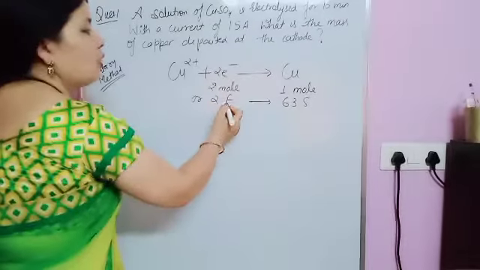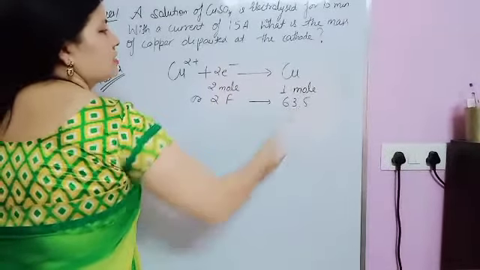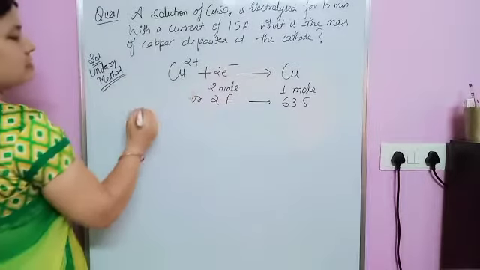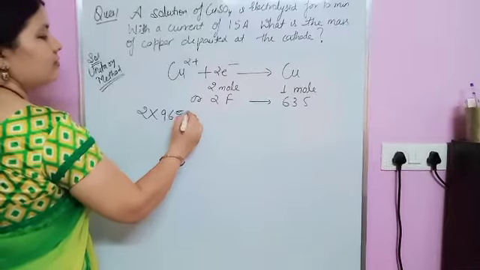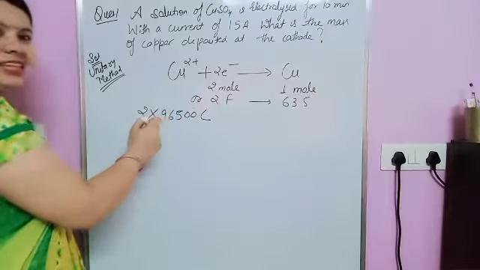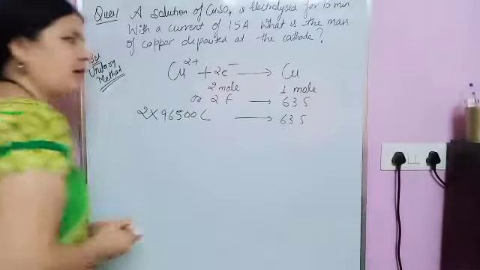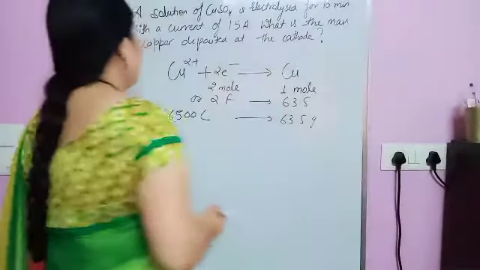So for 2F, there is a formation of 63.5 gram of copper. When we pass electricity of 2F, that is 2 into 96500 coulomb, when this much electricity is provided, 63.5 gram of copper is formed.